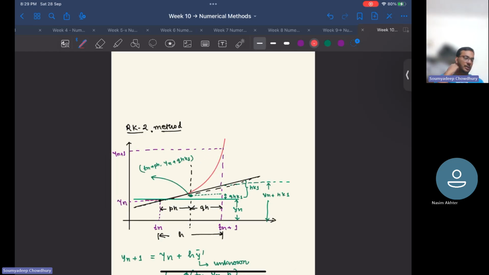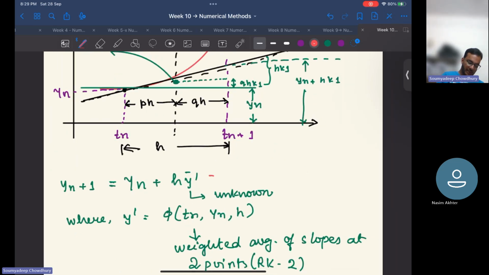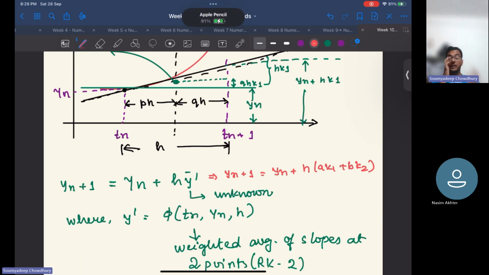A and B. So here, this Yn plus 1, we can write like this: Yn plus 1 will be Yn plus H into AK1 plus BK2. This y bar dash, which is unknown to us, is the slope at the intermediate point, the weighted average of the slopes at Tn, Yn and the new intermediate point.